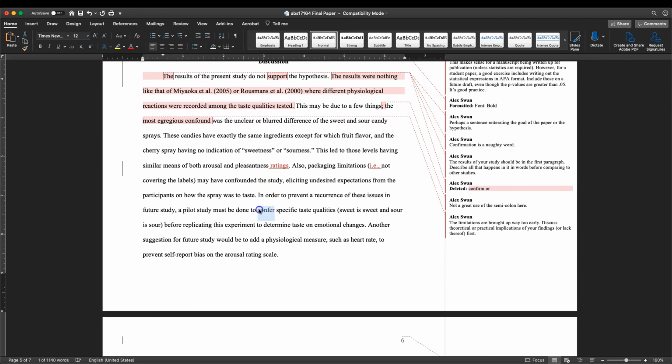The next thing that I start commenting on here is a word choice that I don't know what I was thinking: "confer specific taste qualities." This sentence was not well written, and I'm sure it was dinged on its final scoring.